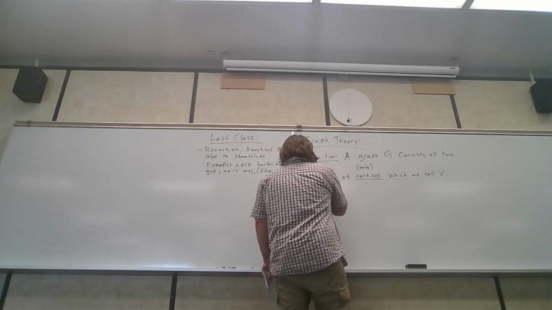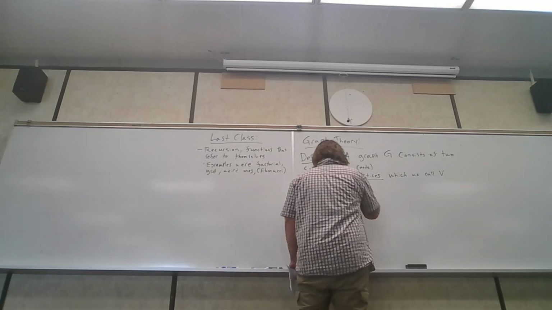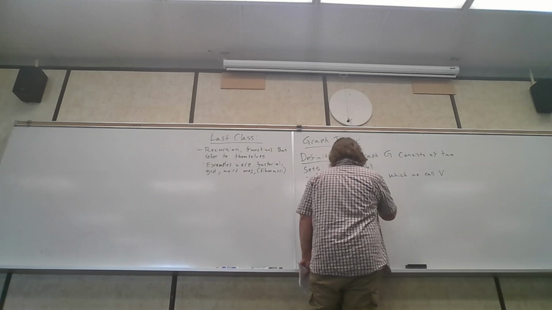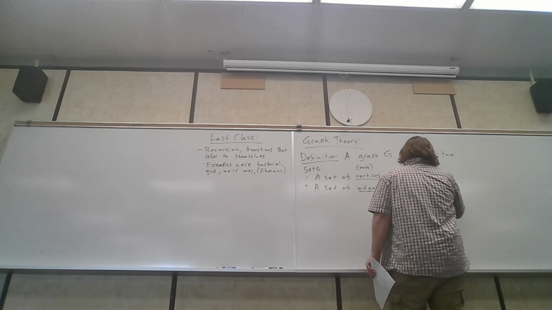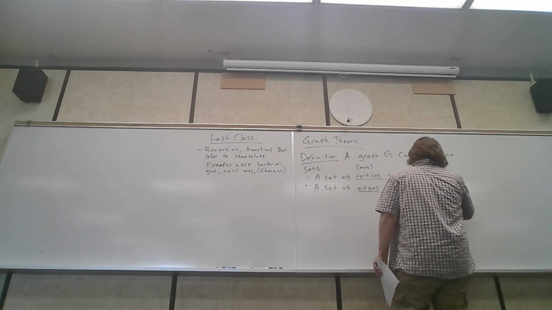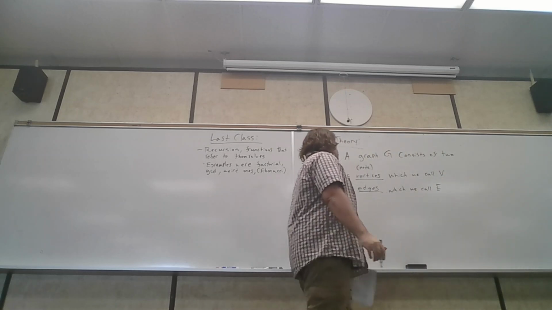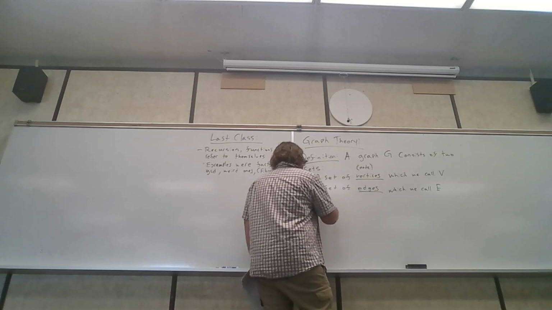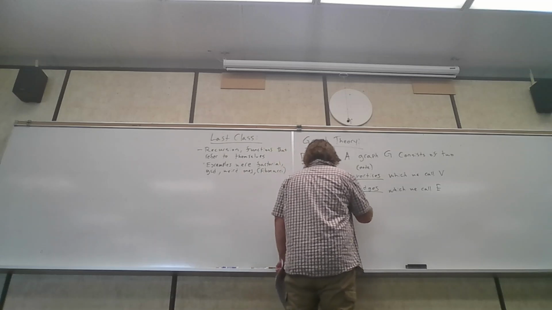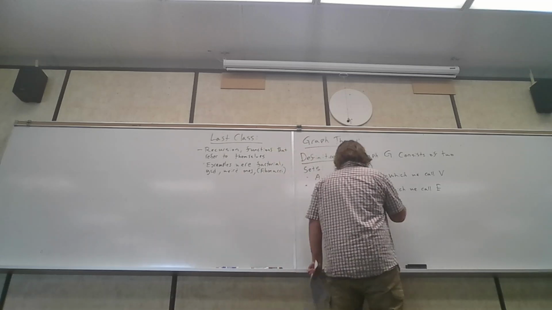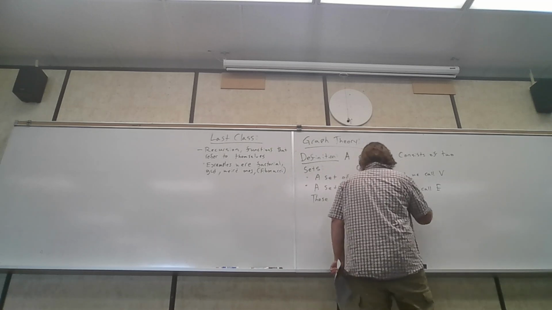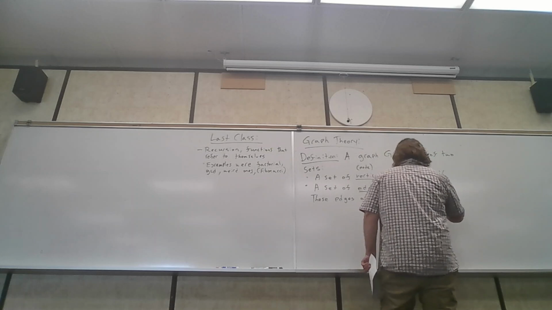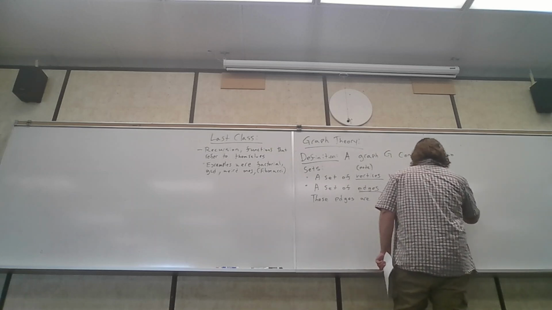Then we have a set of edges, which we call E, for edge. These edges are unordered pairs of vertices.